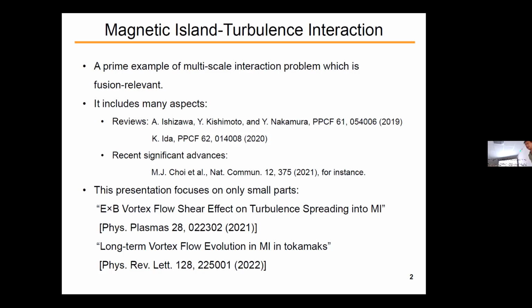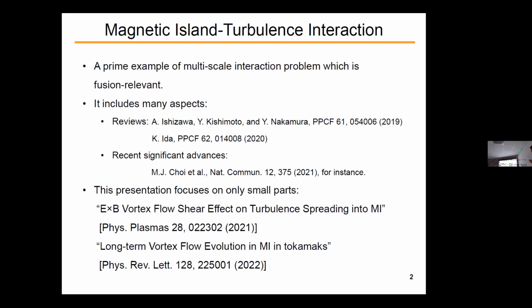So magnetic island turbulence interaction is a prime example of a multi-scale interaction problem, which is also fusion relevant. It includes many aspects of physics, and there are a few reviews on this topic.